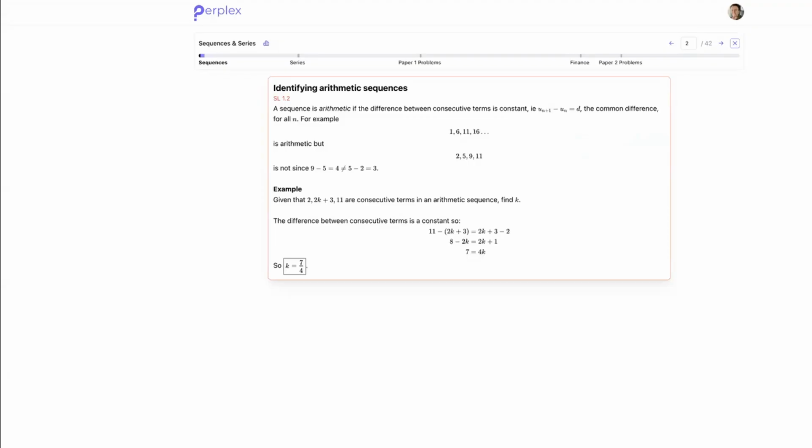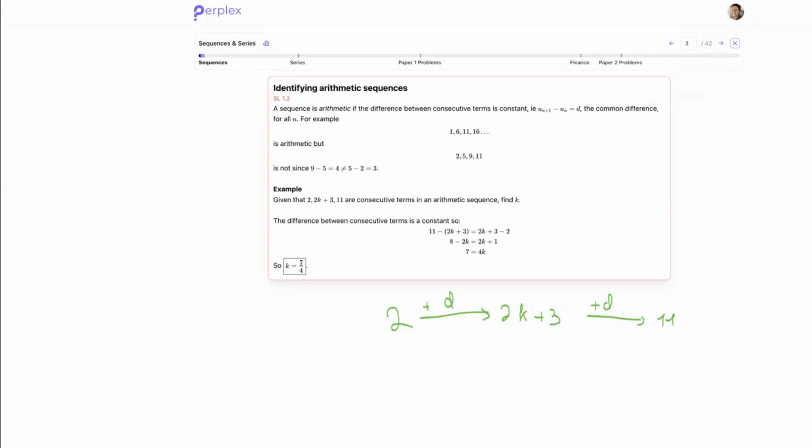If they're terms in an arithmetic sequence, that means that the difference between any two consecutive terms is the same. And we call that difference the common difference d. And that's what defines an arithmetic sequence. You have a common difference, which means that if my terms are 2k plus 3 and 11, I added d both times to go from one to another.